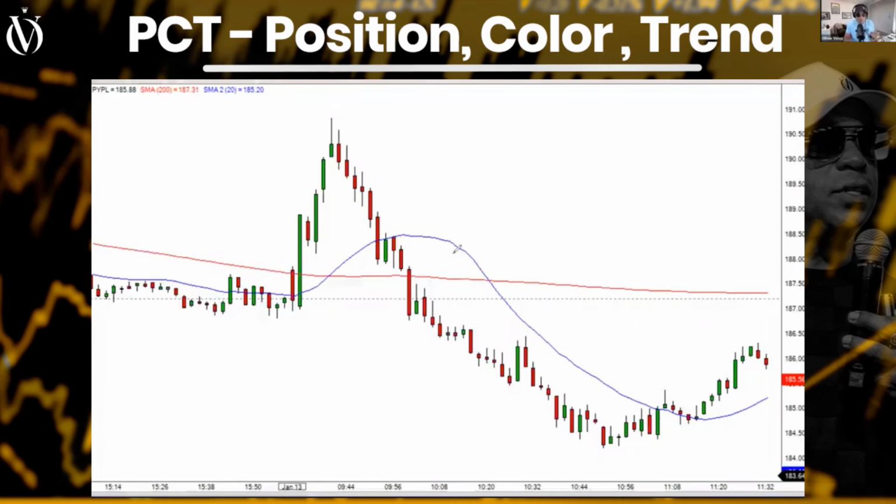Okay, so good. But now down here, my traders know that I love the color game and I love the power game. See this power bar? I love to jump in power bars, but they can't be power bars away from everything. They have to be power bars near the 20 or near the 200.